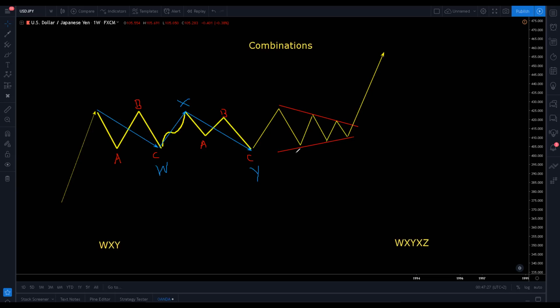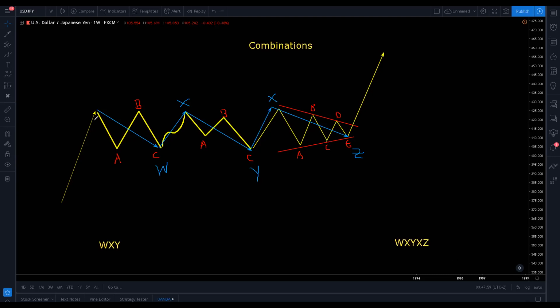So let's label the lower degree. Okay, this is A, B, C, D, then you have your wave E. Okay, so on the higher degree, this becomes another X, and then the entire triangle becomes Z. Okay, so you have another joint, and then this is Z.